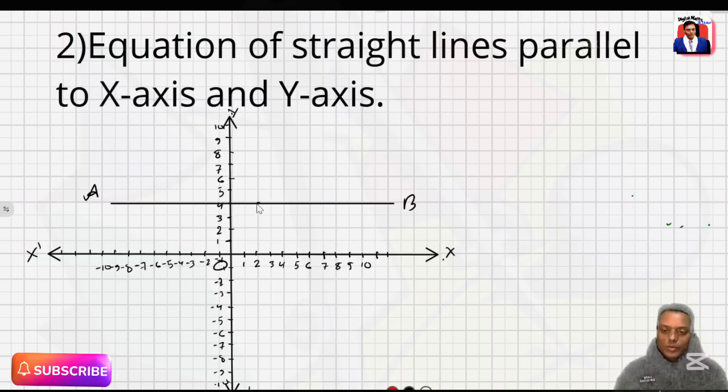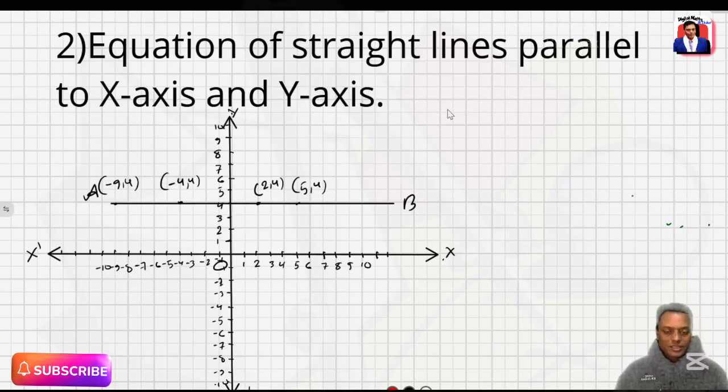Any point on the line will be, for example, (2, 4), this point (5, 4). On the negative side, the coordinates of this point will be (-4, 4), and this point (-9, 4). So the coordinates of all the points on that line will be (x, 4) only, because here the y-intercept is 4.